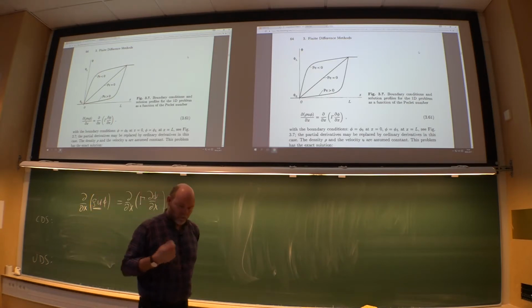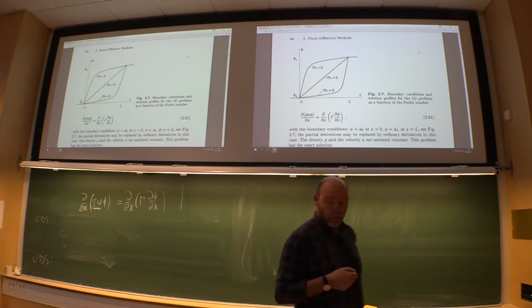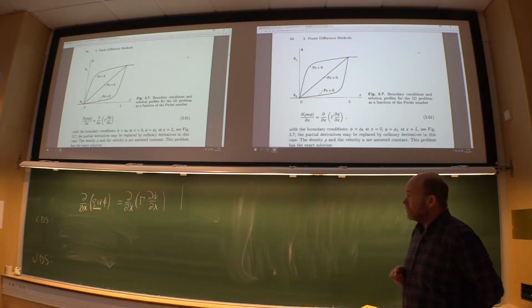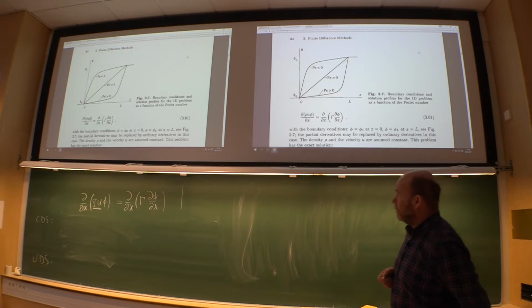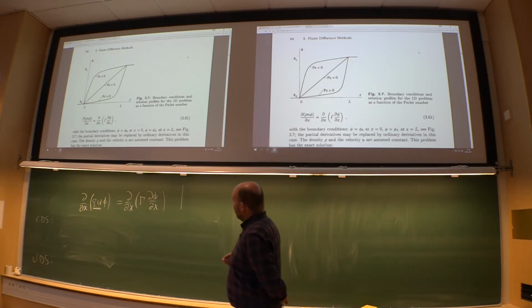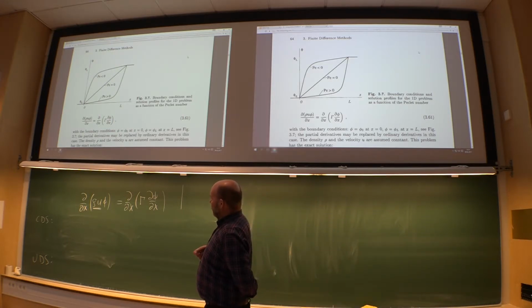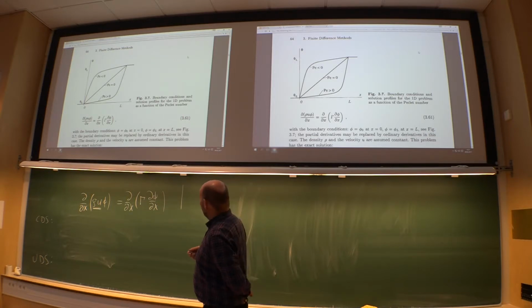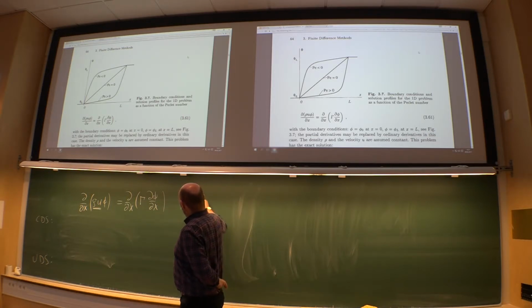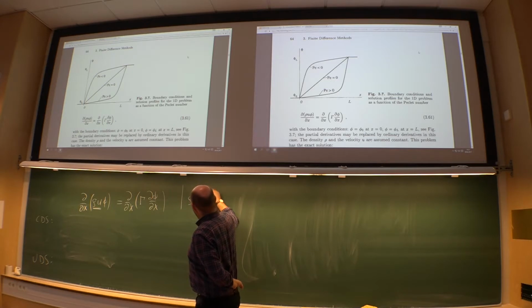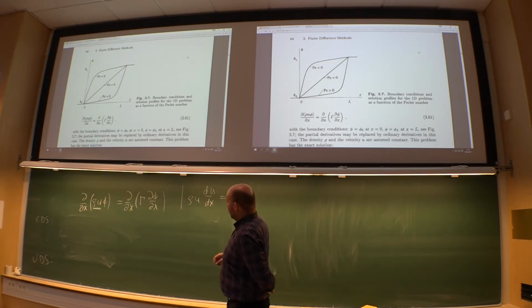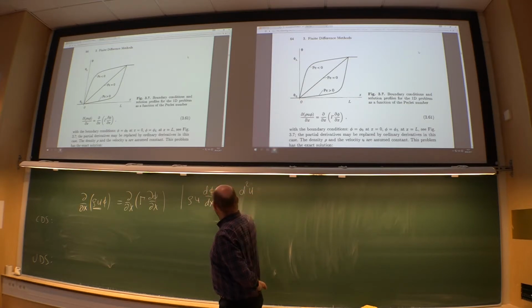We know u. It's a well-known number and it's constant, just to make it easy. So then we can rewrite this one as rho u du/dx equals, on the other side, kinematic viscosity times the double derivative of, well, if you want phi, be my guest.